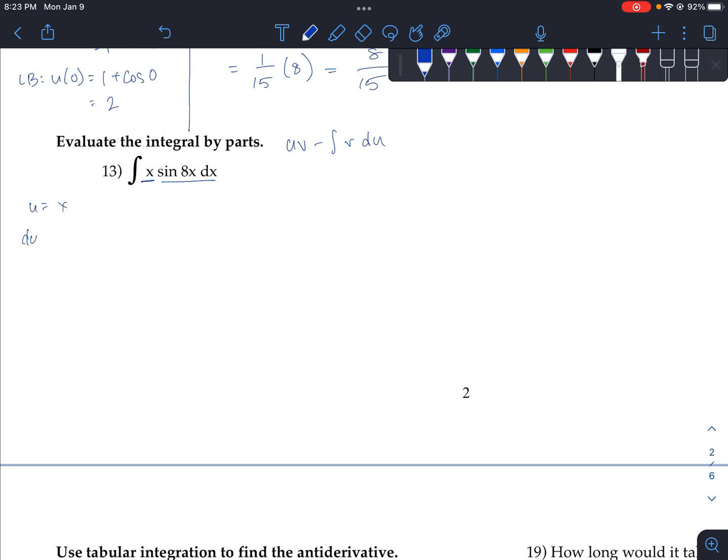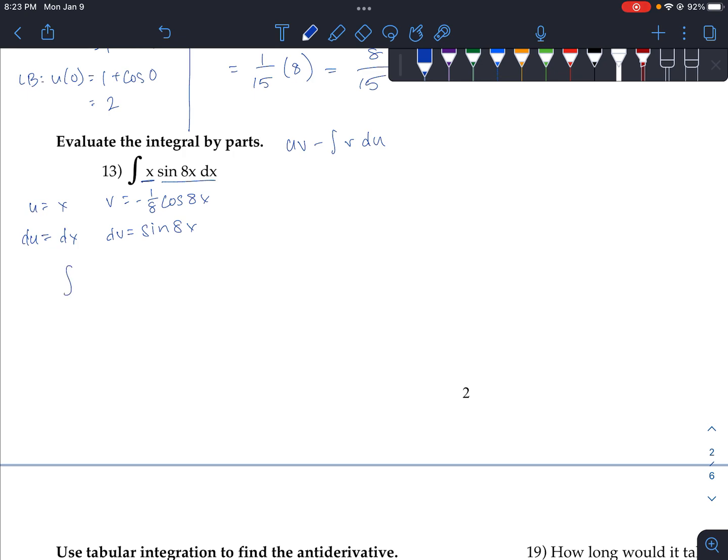That means du is equal to 1 dx. dv is equal to sine of 8x. And v would be equal to, I think, negative 1 over 8 cosine of 8x. I believe that would be the antiderivative, because the derivative of this would be negative. Yeah, that looks right.